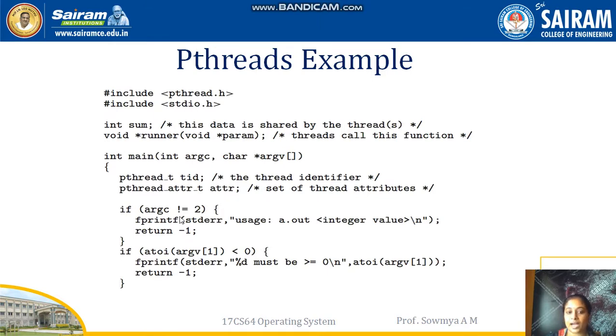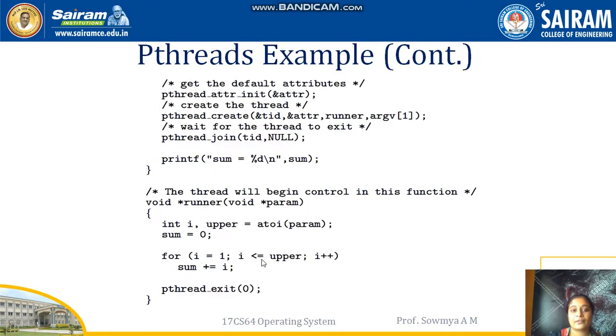If argc is not equal to 2, print a standard error message. If the array values are less than 0, again print the standard error message. If your input is correct, then create a thread.